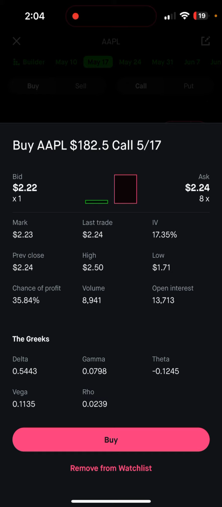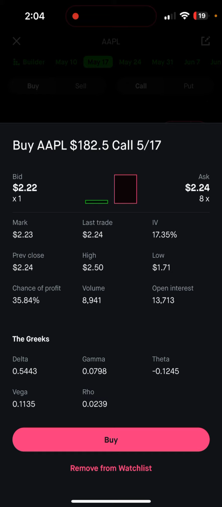Moving forward, it provides us with the low of the day of the contract and what it was worth, the high, and then what it closed at. It closed at a percentage higher than the low. Then we have volume. Volume is how many people are buying and selling this particular contract.